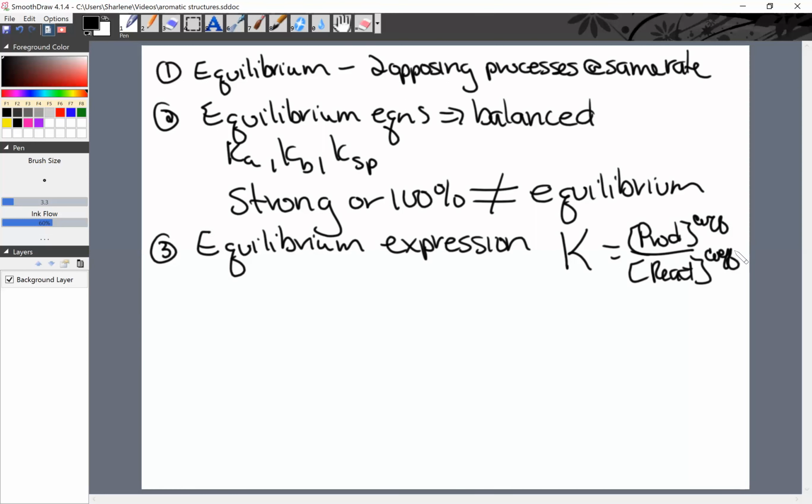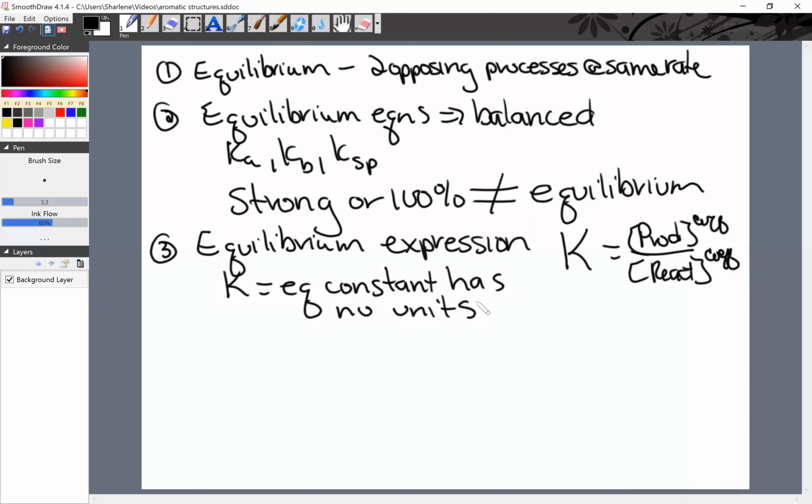And we know that K, which is the equilibrium constant, has no units.